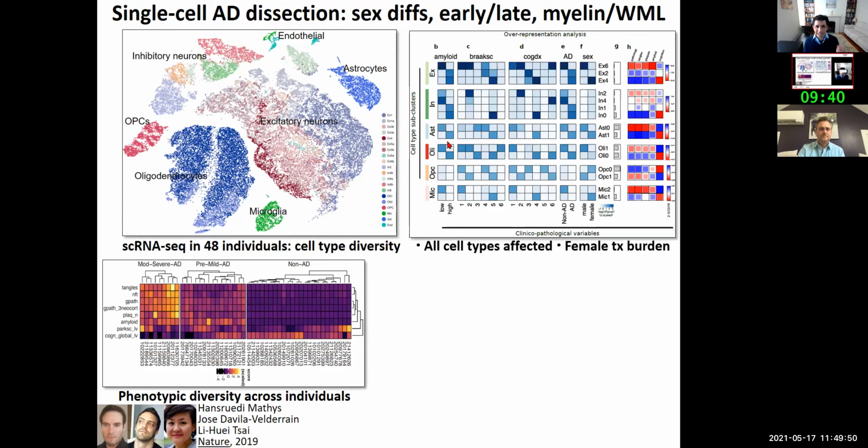What we found is that it's not just the microglia that change. Every single major cell type shows dramatic alterations between disease and non-disease individuals.